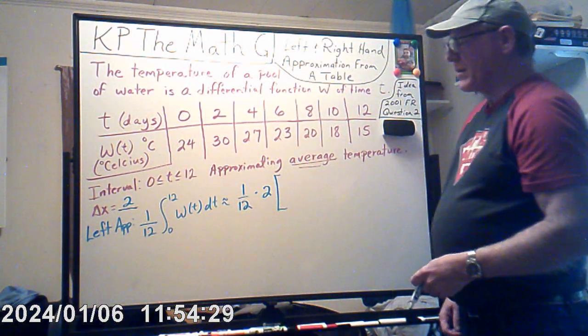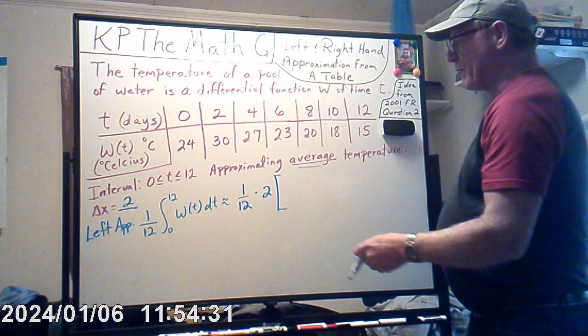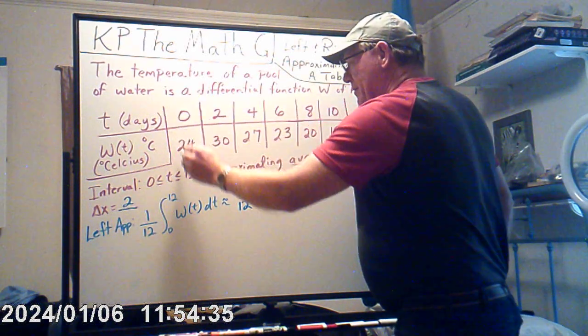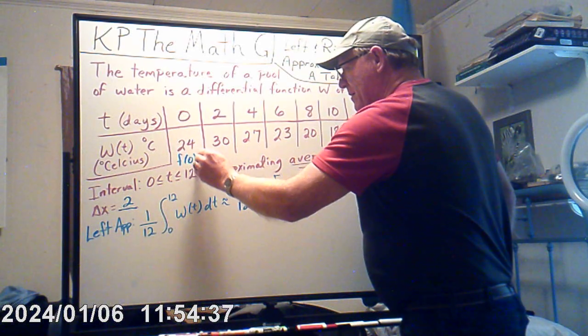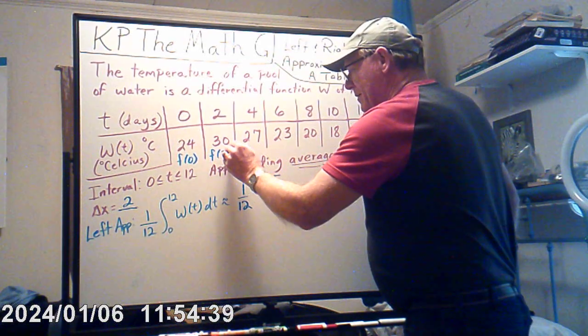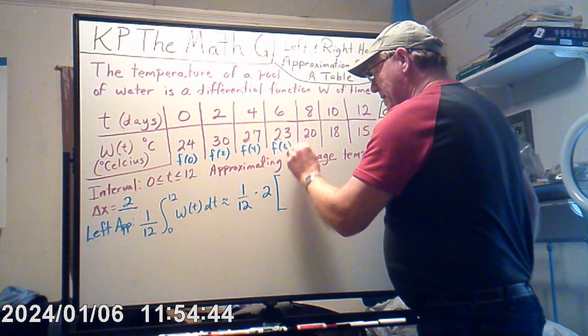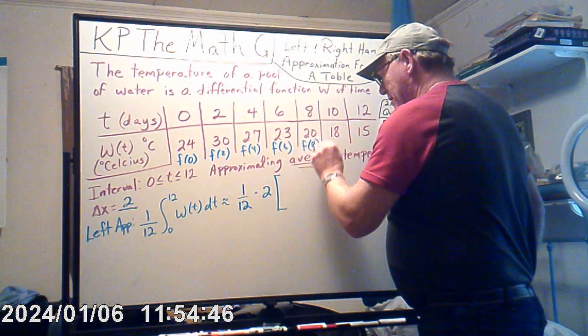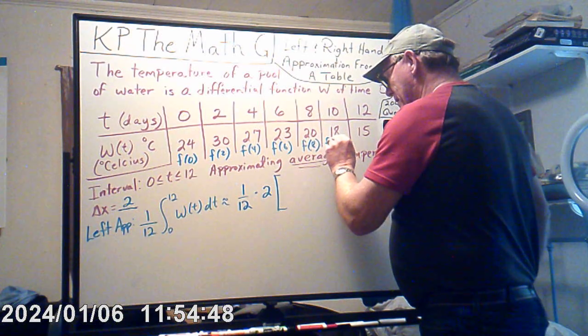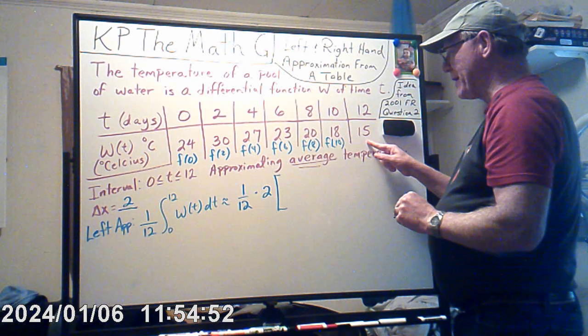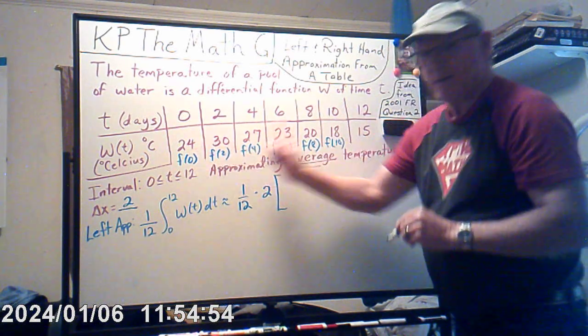Now, the left side is just F at 0, F at 2, F at 4, F at 6, F at 8, F at 10. We are not doing F at 12 because we are doing the left side.